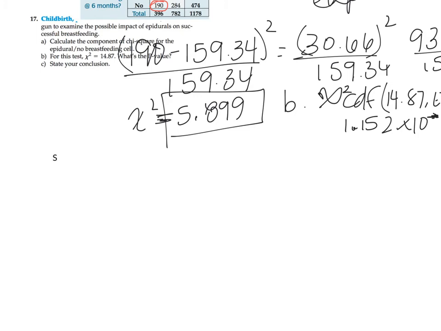So since my p-value of 1.152 times 10 to the negative 4 is less than my, or we could even say is so small on this one, I reject the null hypothesis.